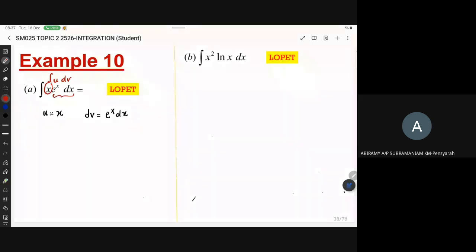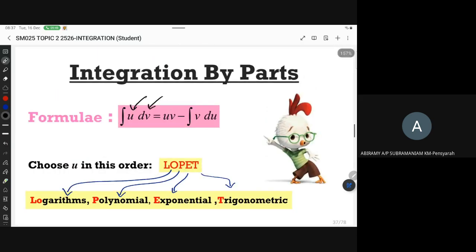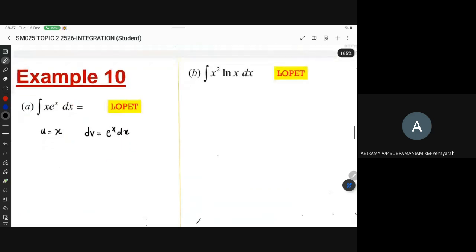Okay. Next, we are going to follow the formula. In the formula, you need to take u multiplied with v minus integral of v du. So you need uv and v du. We already have u, we already have dv, but we still need du and v to use by parts. So how to find du? You need to differentiate u.